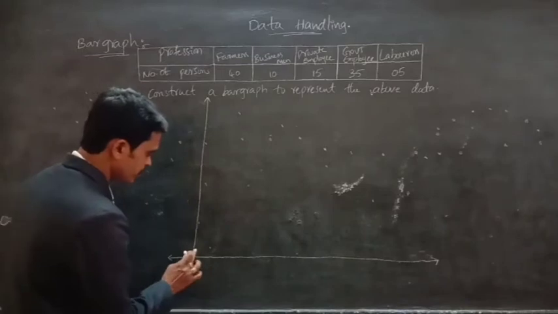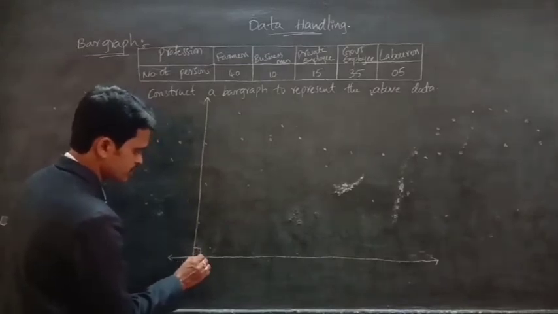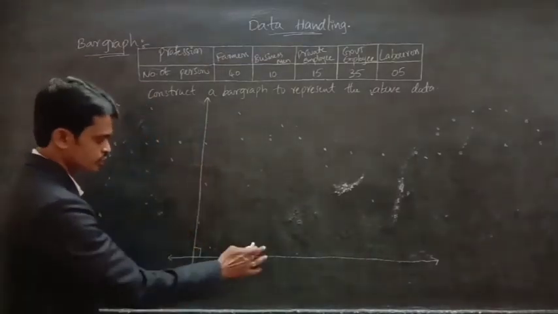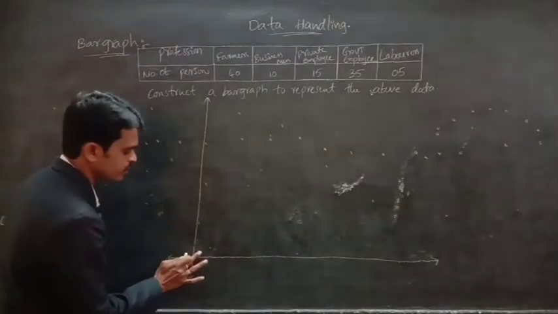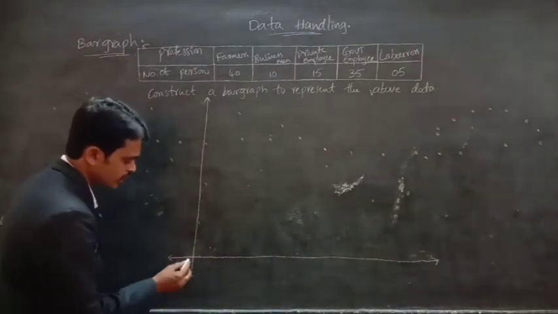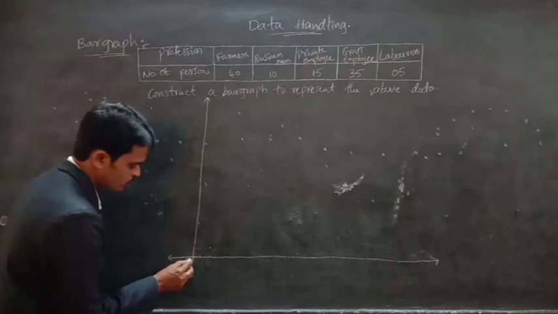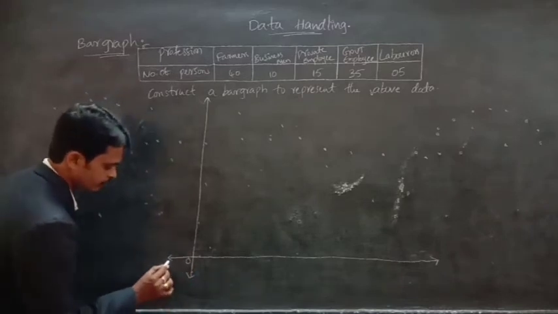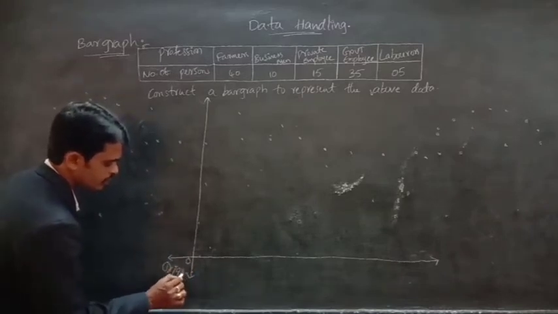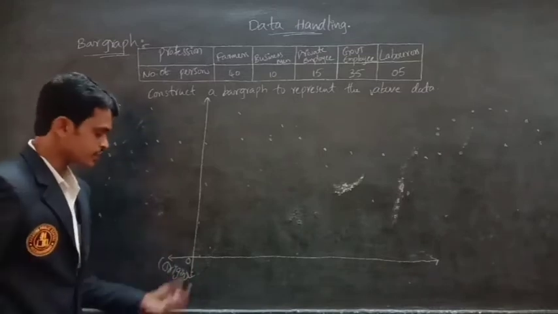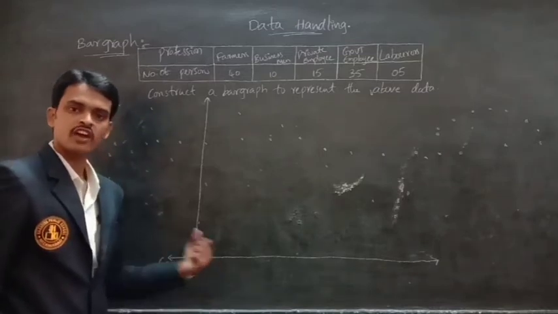Both are meeting at 90 degrees, so these two lines are perpendicular lines. They meet at point O. This intersection of two lines is called the origin.